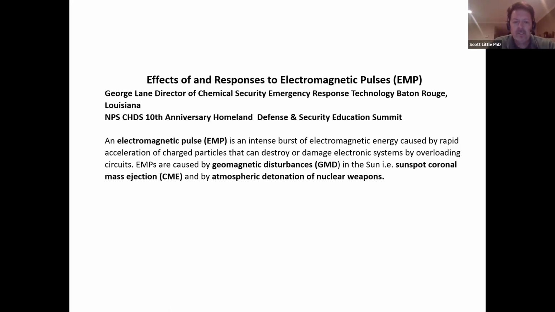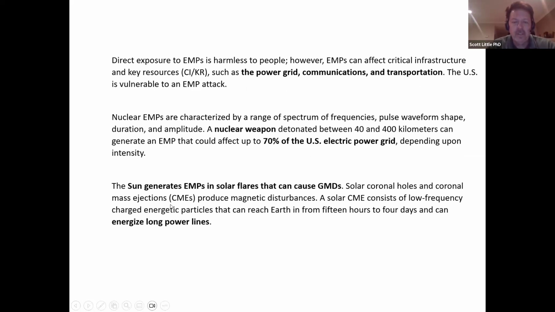EMPs are caused either geomagnetically by the sun, like in a coronal mass ejection, a CME, or by the atmospheric detonation of nuclear weapons. Those are the two primary ways they see these EMPs being created.